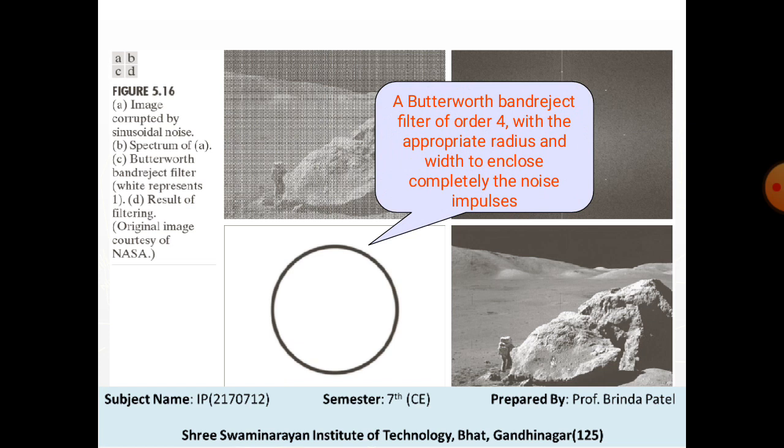Sharp narrow filters are common in band reject filtering. The result of filtering figure A with the filter can be seen in figure D. The improvement is quite evident. Even small details and structures were restored effectively by this simple filtering approach.